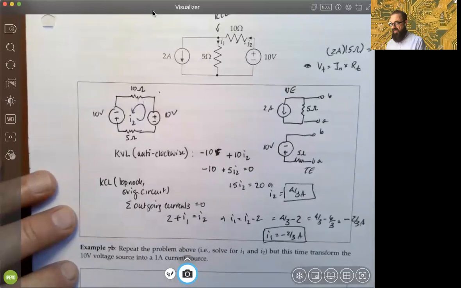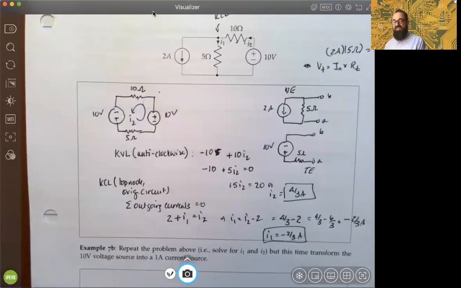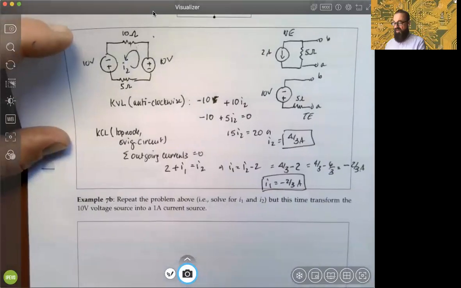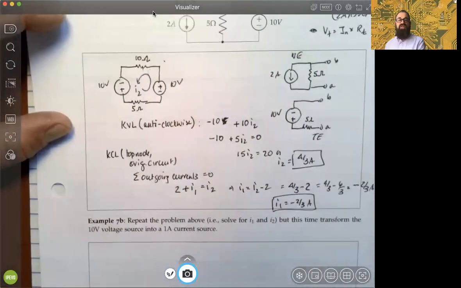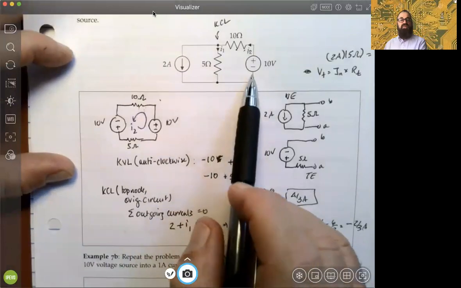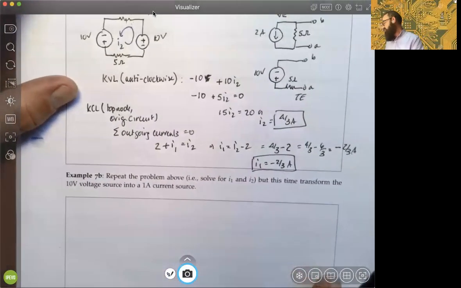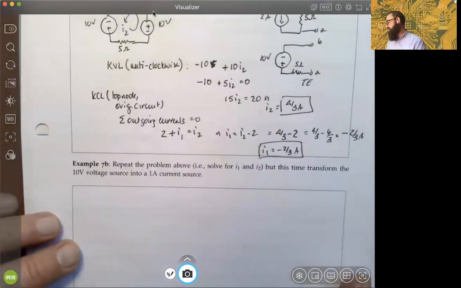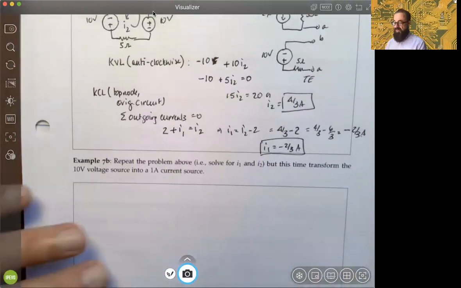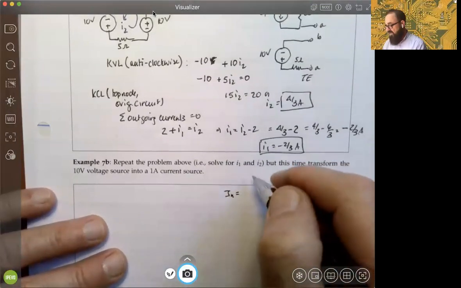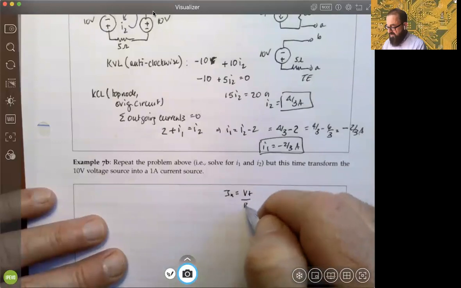The last thing I want to do is the same problem, but maybe we'll keep everything as a current source. Again, doing source transformation, we're still targeting I1 and I2, but we'll change the 10 volt Thevenin equivalent into a Norton equivalent. We know that IN has to be the Thevenin voltage divided by the Thevenin resistance.